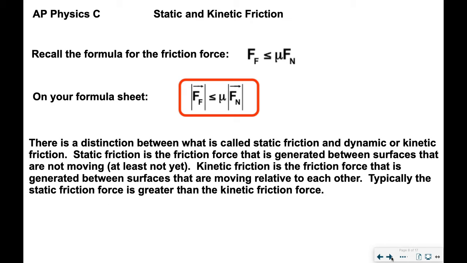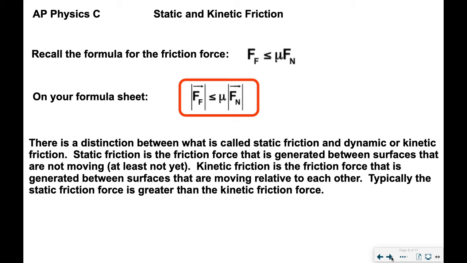So we want to make a distinction this year to a much greater extent than we did before between what's called static and kinetic friction. Static friction is the friction force that's generated between surfaces that are not moving relative to each other, at least not yet. Kinetic friction is the friction force that is generated between surfaces that are already moving relative to each other.